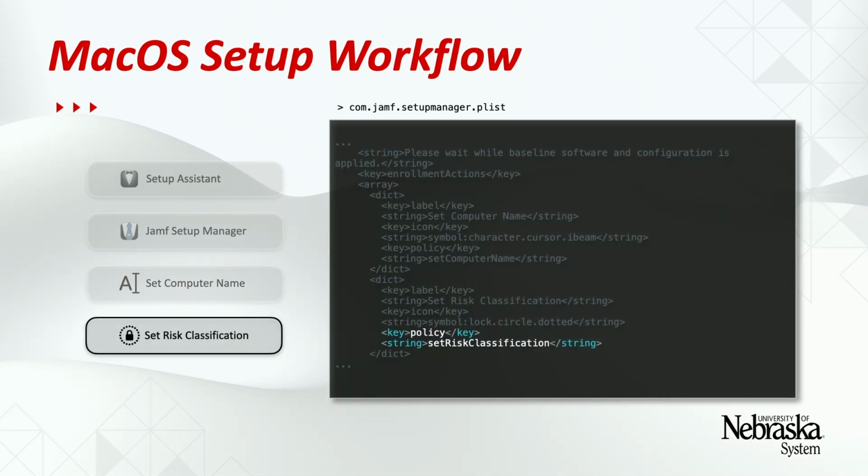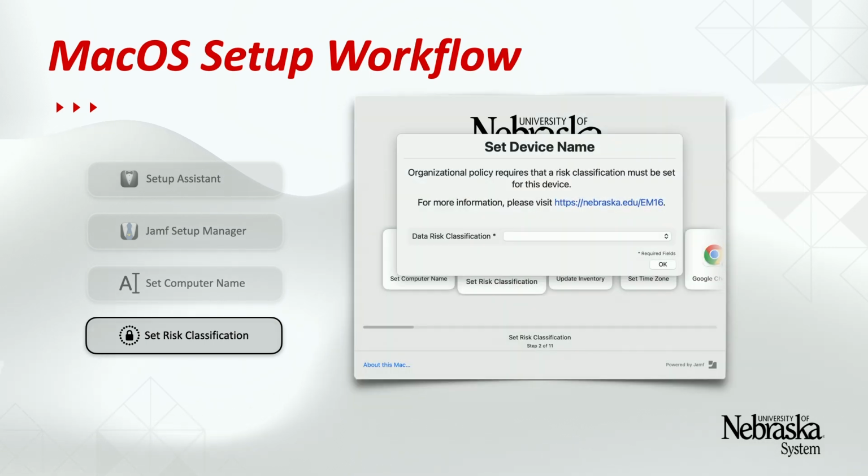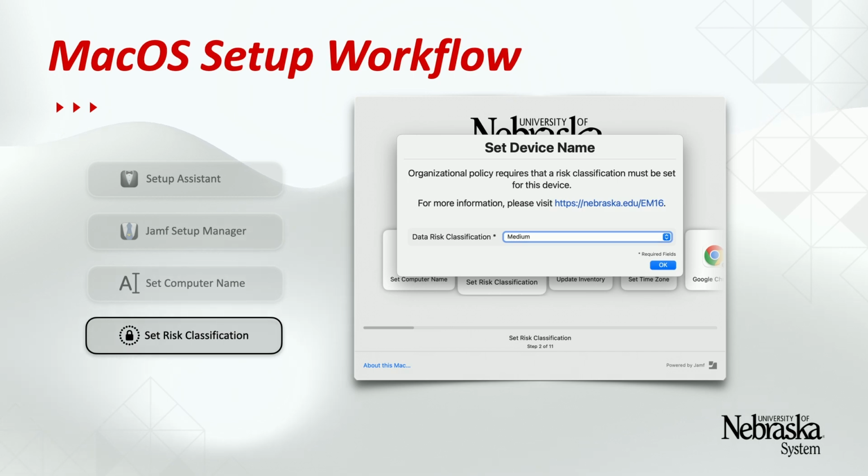Another thing we do, we're using a very similar process for the risk classification. I won't highlight this one as much, but same concept. We're kicking off that set risk classification option, and then we're setting that here with that Swift dialog box to set a low, medium, or high value at this screen. Traditionally, that's been something left to technicians to do in our Jamf Pro environment through an extension attribute, after the device is set up.